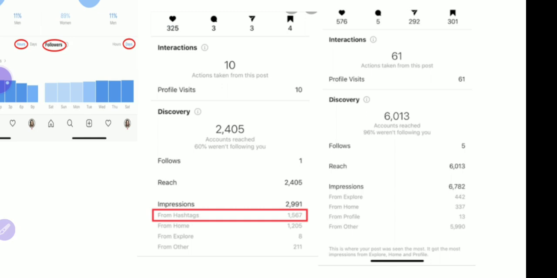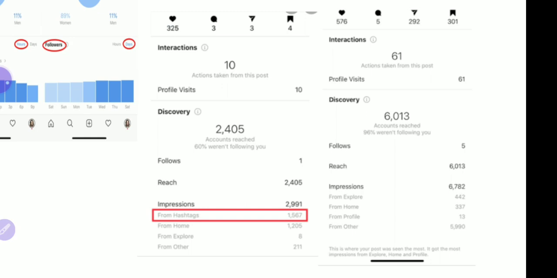And we know the difference between reach and impressions. Impressions are the number of times your post has been seen on people's landing page or explore page. So how many people could view the ad or the post of your brand.